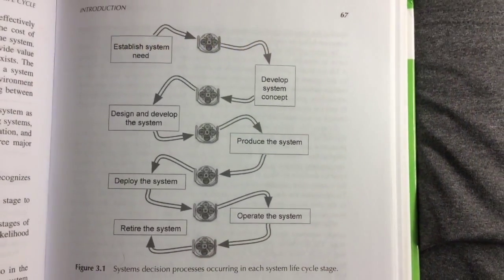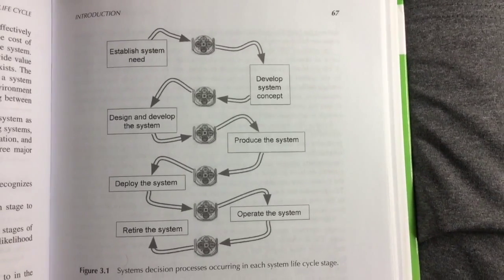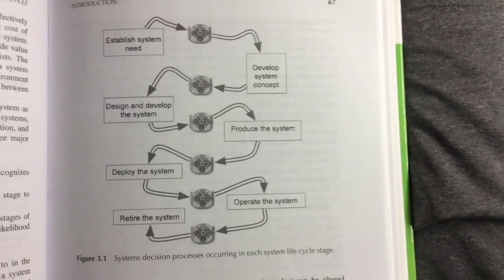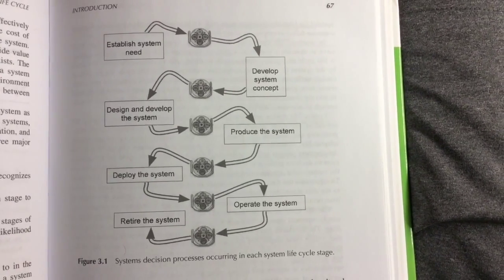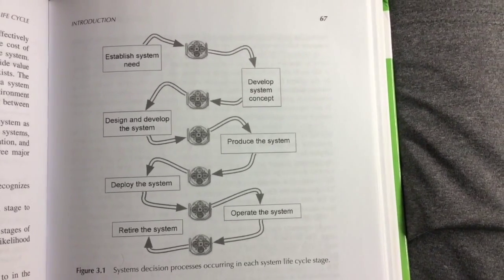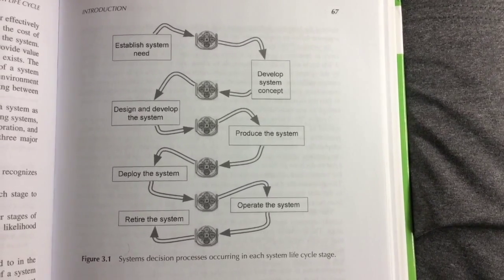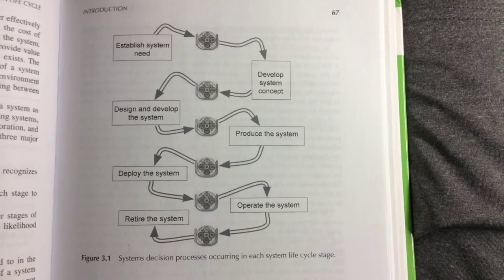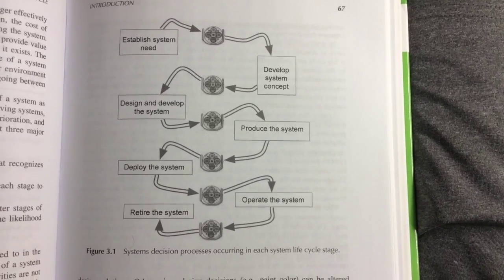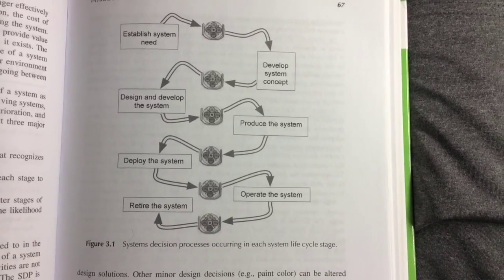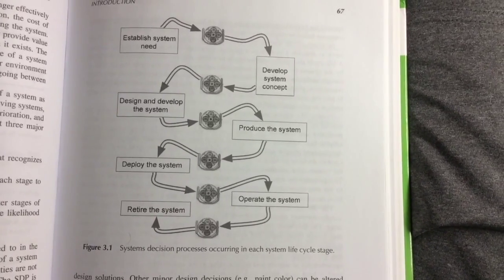Here we have the system life cycle, and if we take the assembly line and take it through this model, we see that Henry Ford established the system need when he decided that he wanted to make the Model T production line more efficient. He then took concepts from other people who had an assembly line type model and developed his own system concept. He designed and developed the system how he wanted it to be and how he wanted it to produce the car.